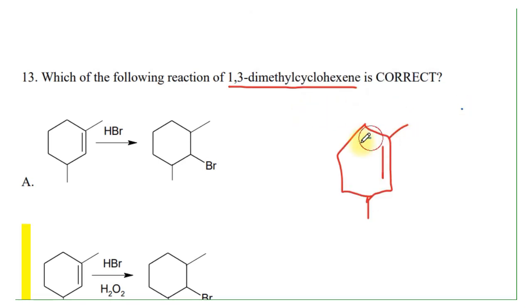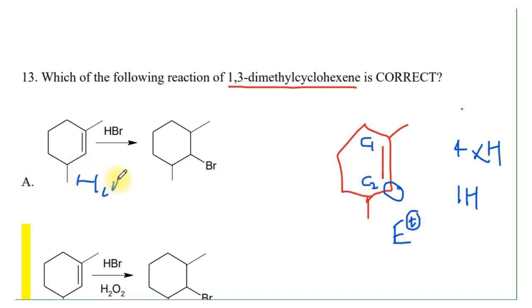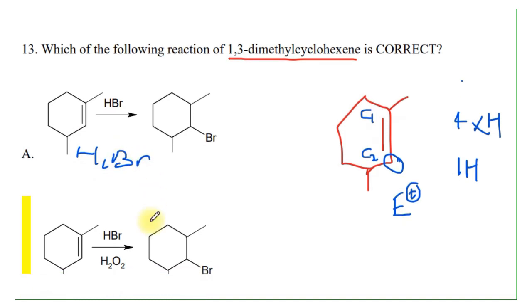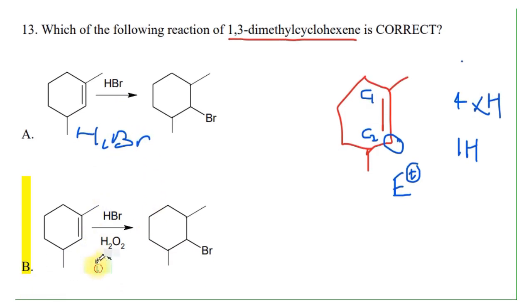So this is C1, with 4 bonds already, so it is full. There is no hydrogen. This is C2, so there is 1 hydrogen. If we follow Markovnikov's rule, the electrophile will add to the C2. Take note, in this case HBr.